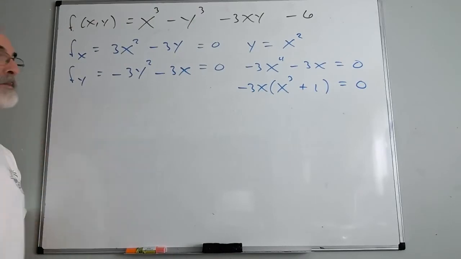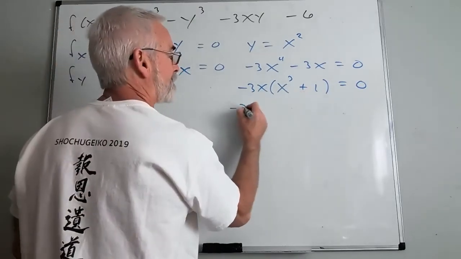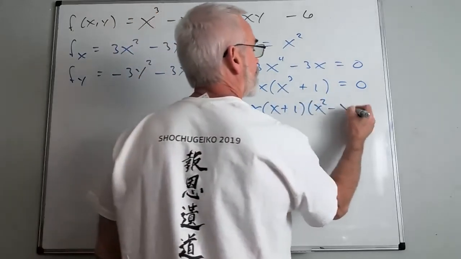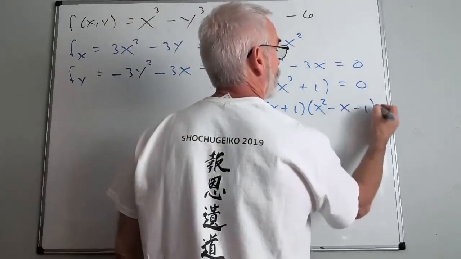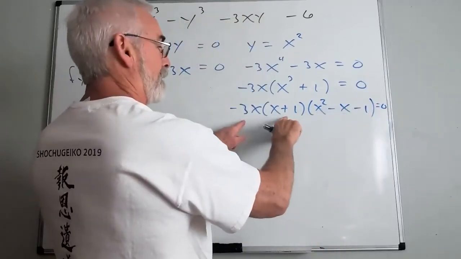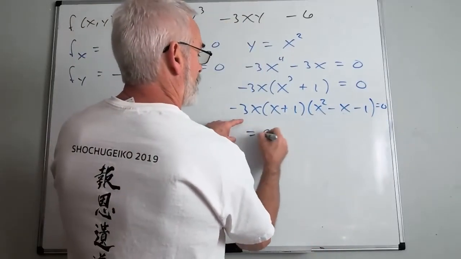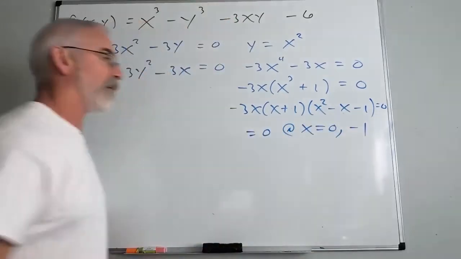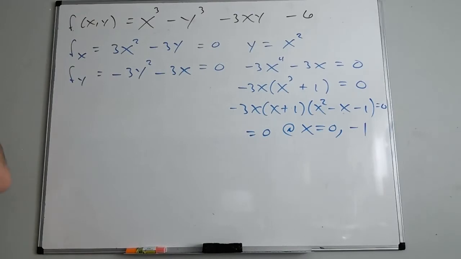And the sum of cubes can be factored. So that's negative 3x, x plus 1, x squared minus x plus 1. Now, that only has complex solutions. So let's look at these two. Clearly, this is going to be 0 when x is 0 or x is negative 1.